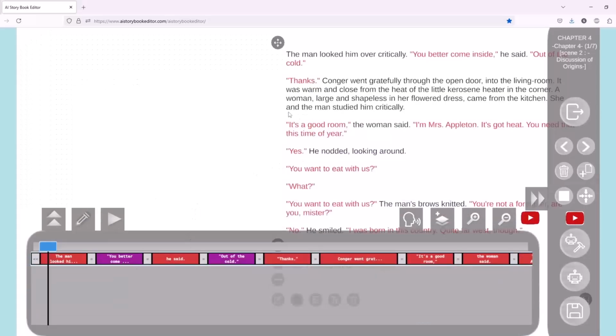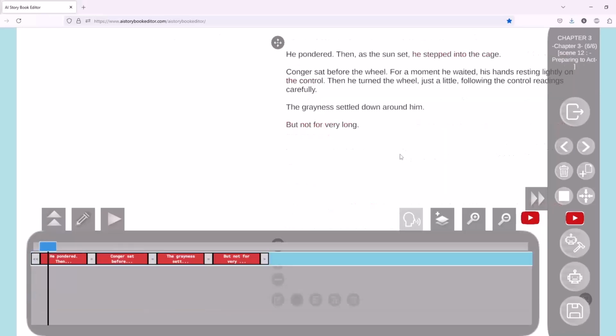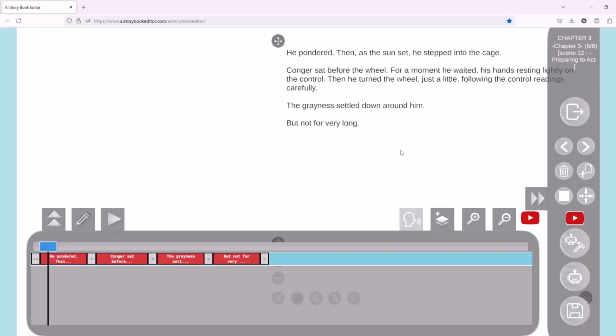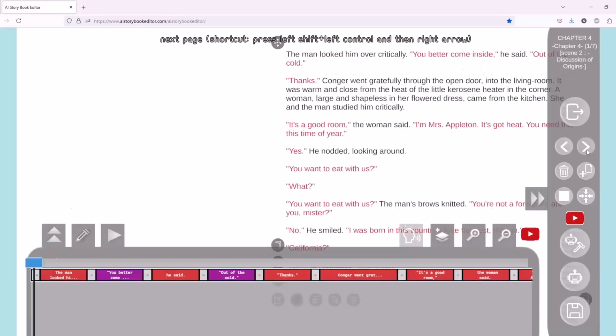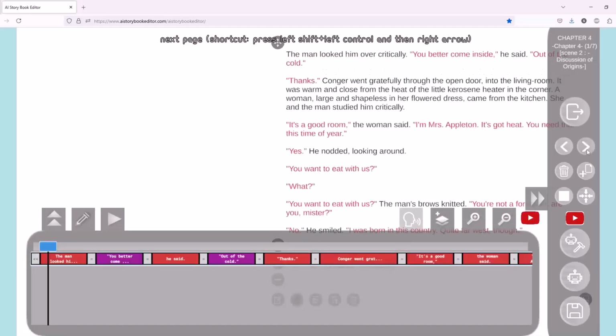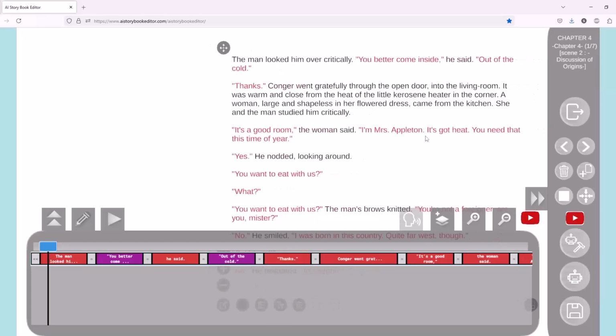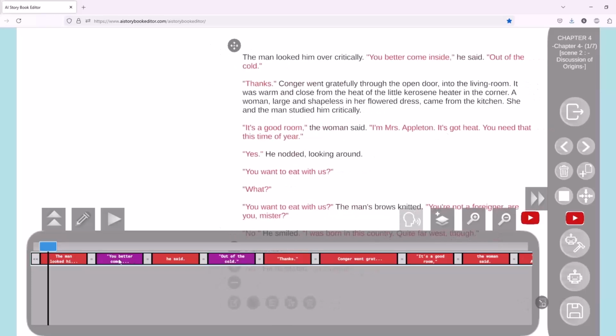So in chapter 4, Conger has traveled back to the past. Okay, and he's looking for a place to stay.